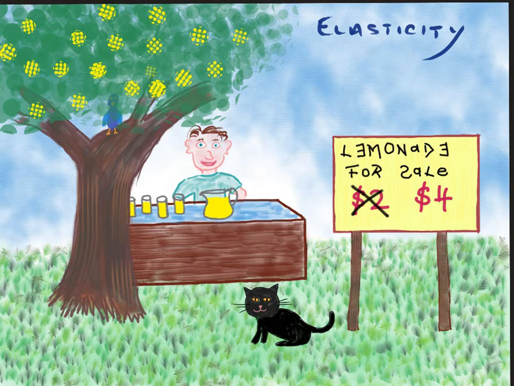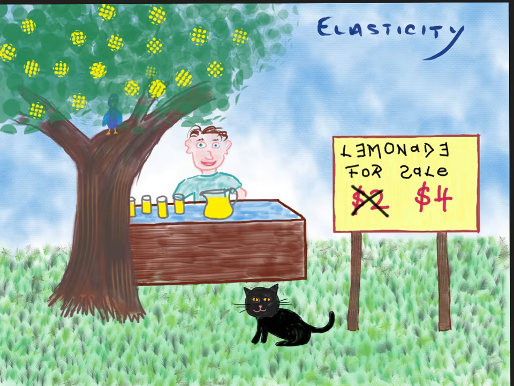So if customers are very responsive to a price change, they lose money. If customers are not very responsive to a price change, if doubling the price, their customers drop, but by less than half, then they make more money, right?